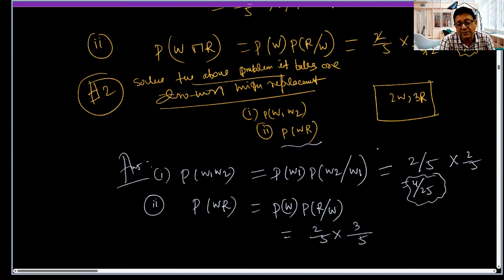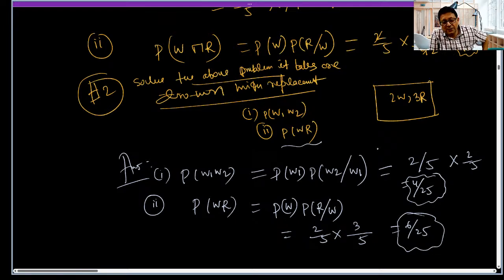That's why it will be 3 by 5. Answer is 6 by 25. Clear? So P(W1, W2) and P(WR) both are found out. Clear?